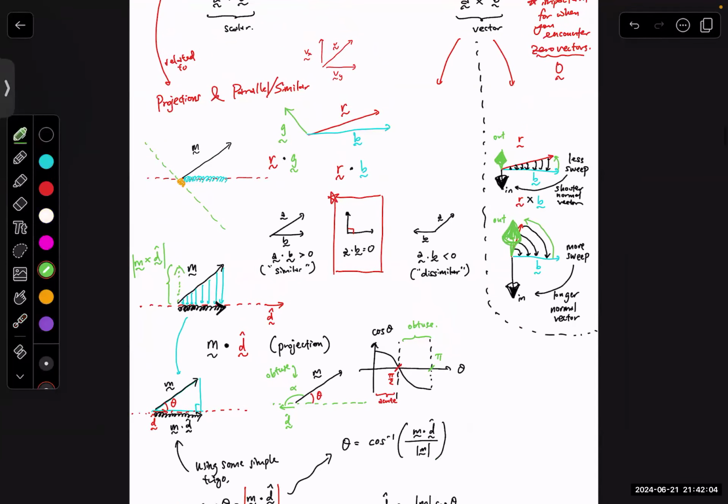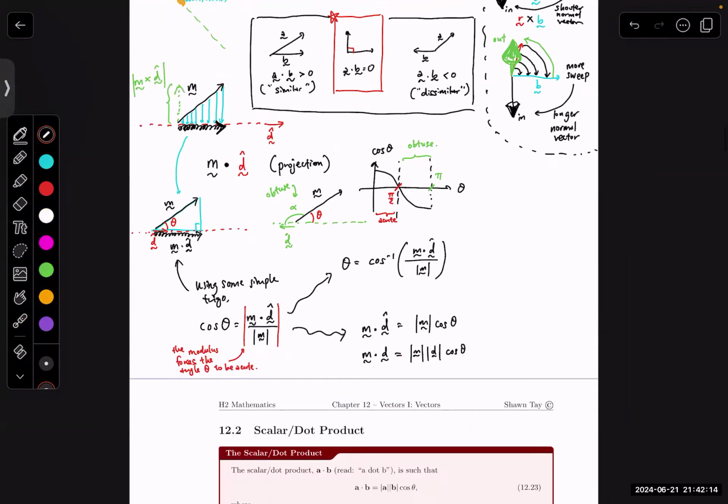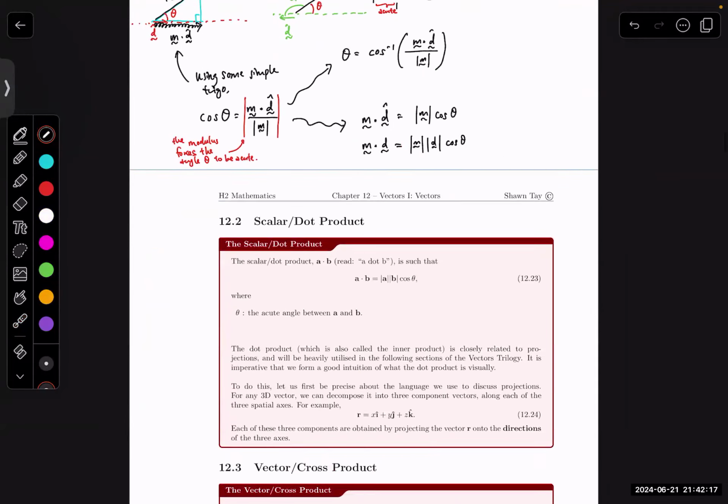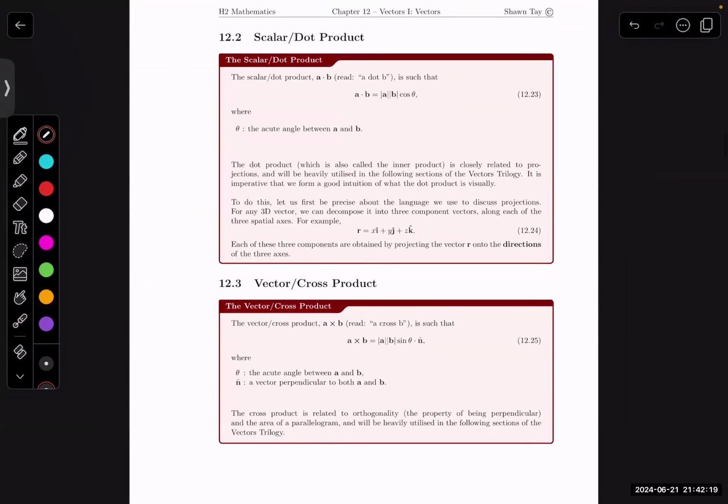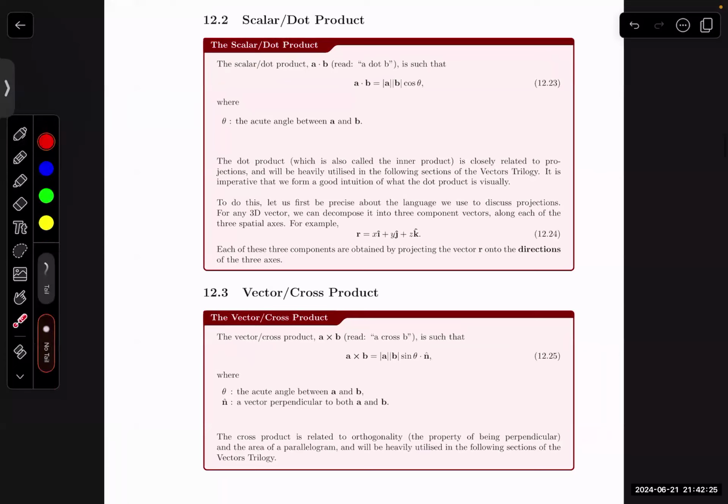Okay, let's move on. Let me just use another page to summarize this. So this page tells us about dot product and cross product. You can read through a little bit of it.